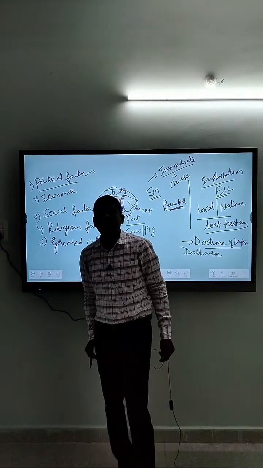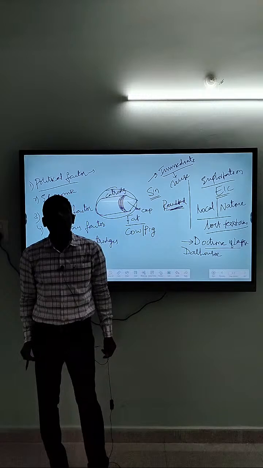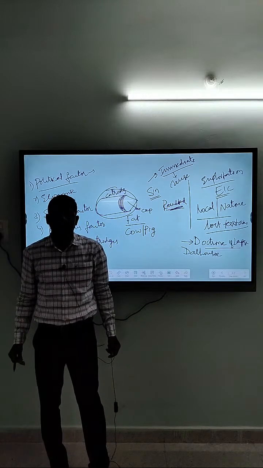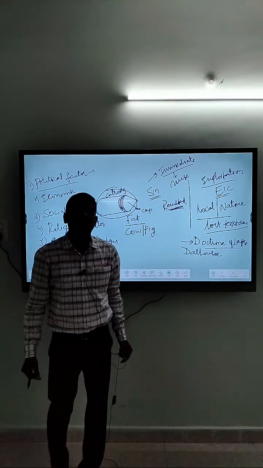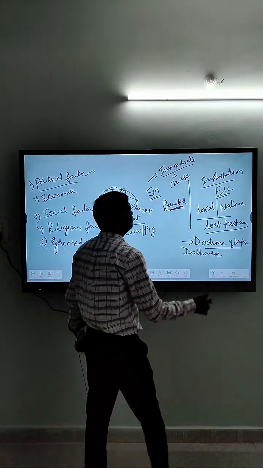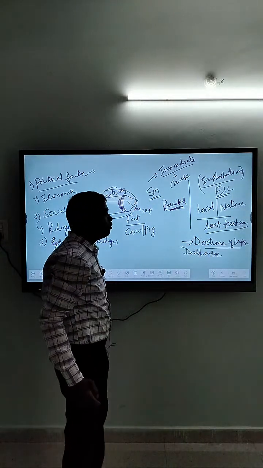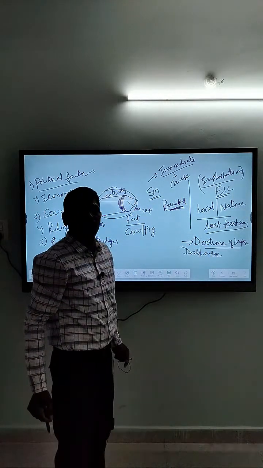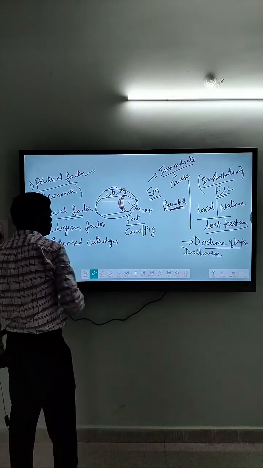The artisan class lost their livelihoods. So we see total domination by East India Company. There is economic exploitation, and then social factors.